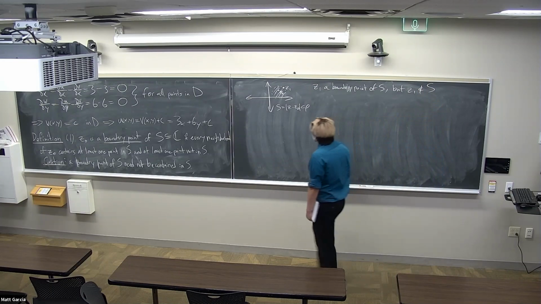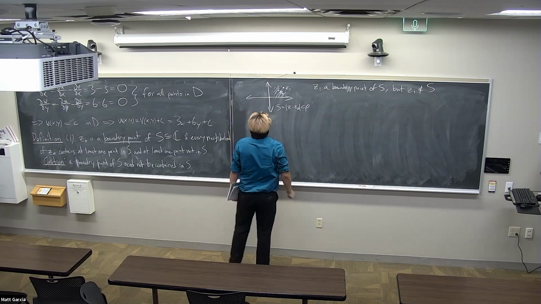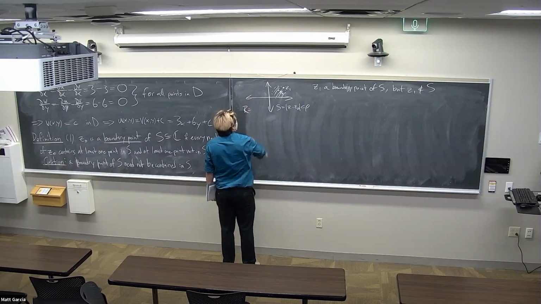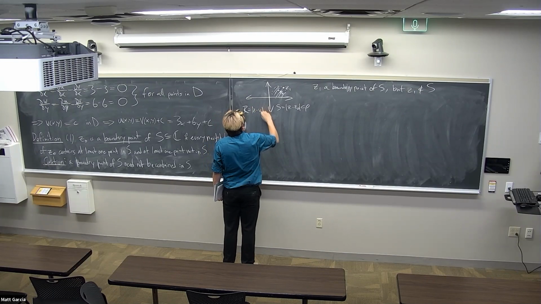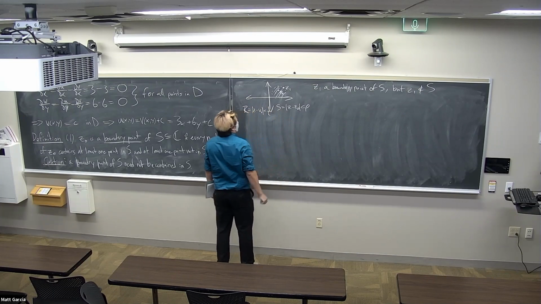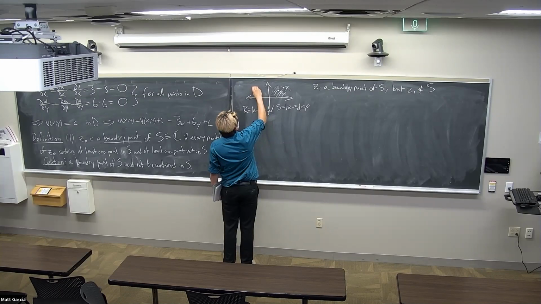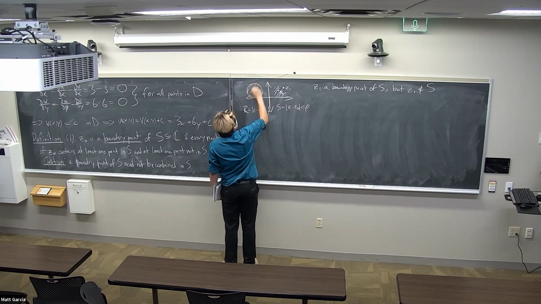Okay? By contrast, let's say I specify some set R by the open disk around W naught, which has radius less than or equal to tau. Here's W naught. Here's some point W1.